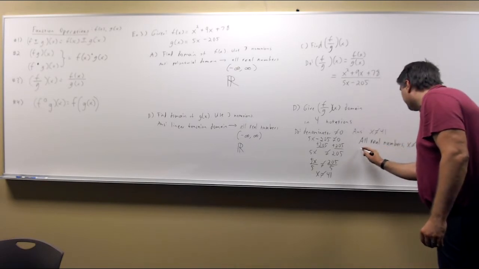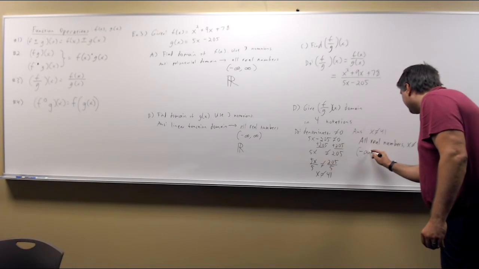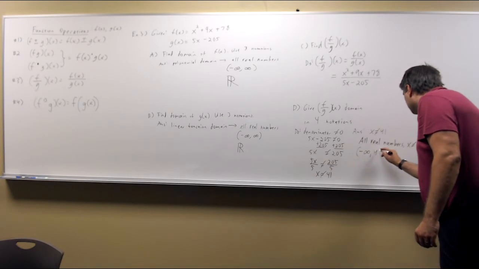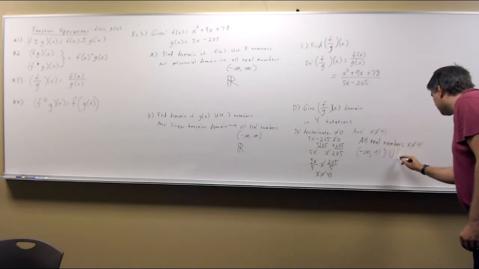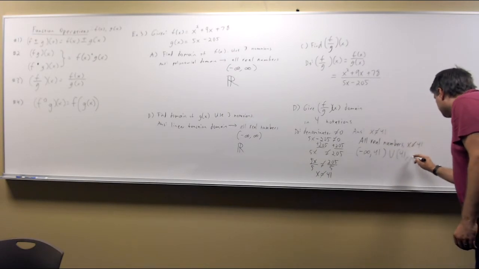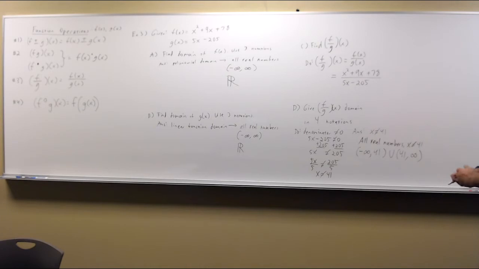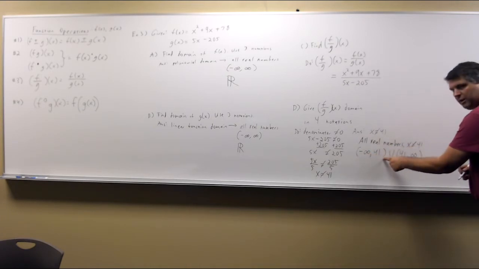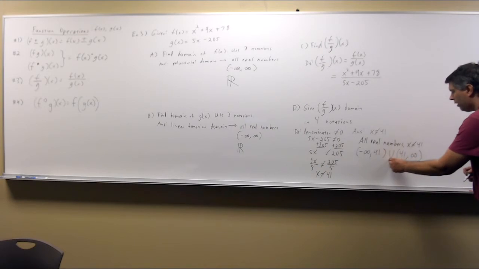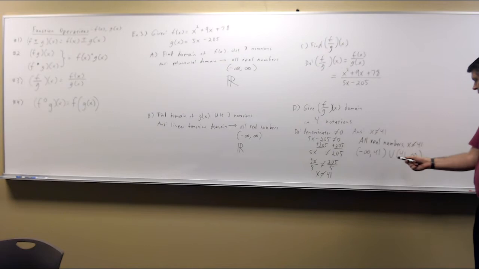The third way of putting it is negative infinity up to 41, but not including 41. Union 41 to infinity. Okay, so this is from negative forever up to 41, but not including 41. Or everything after 41, but not including the 41.